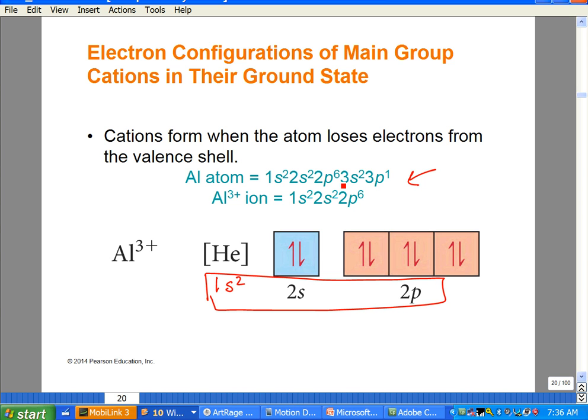So energy level 3 has 2 electrons in the s orbital and 1 electron in the p orbital. So that's 3 total electrons. And in order to look like the noble gas configuration that it wants to look like, it loses those 3 electrons. And now it can look like neon.